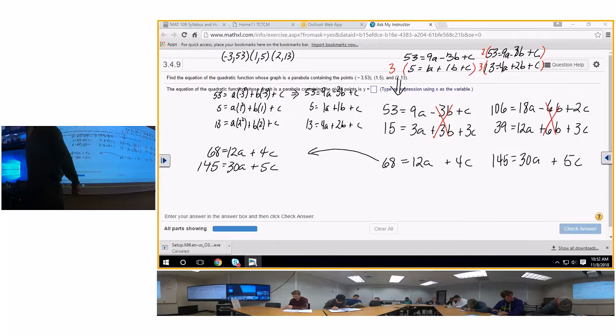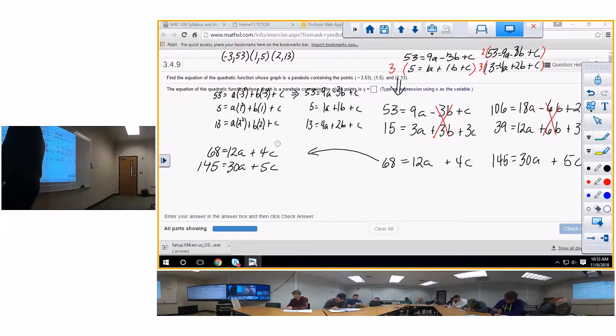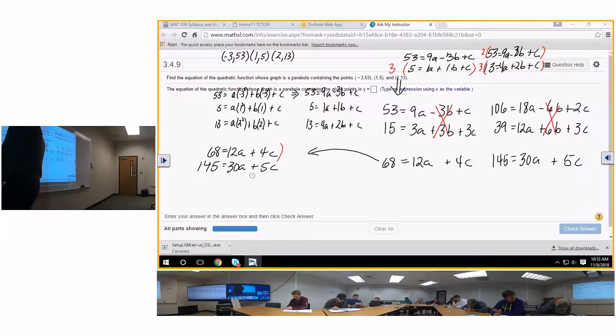I'm going to do like I did the last one. I'm going to multiply the top by 5 and the bottom by 4.